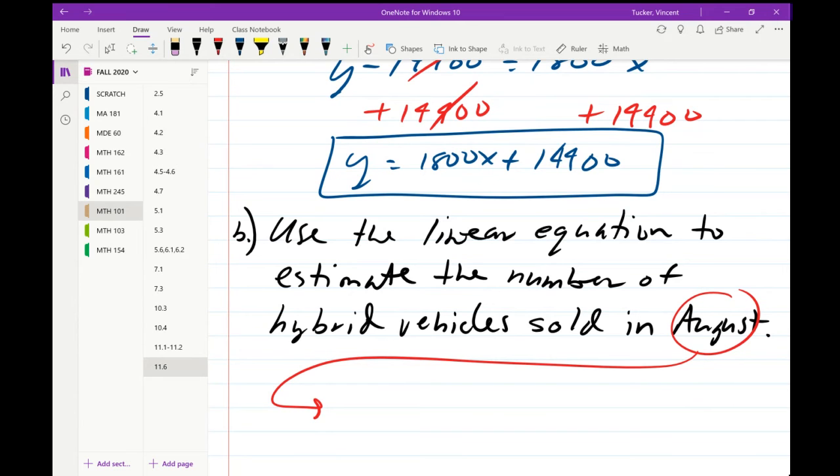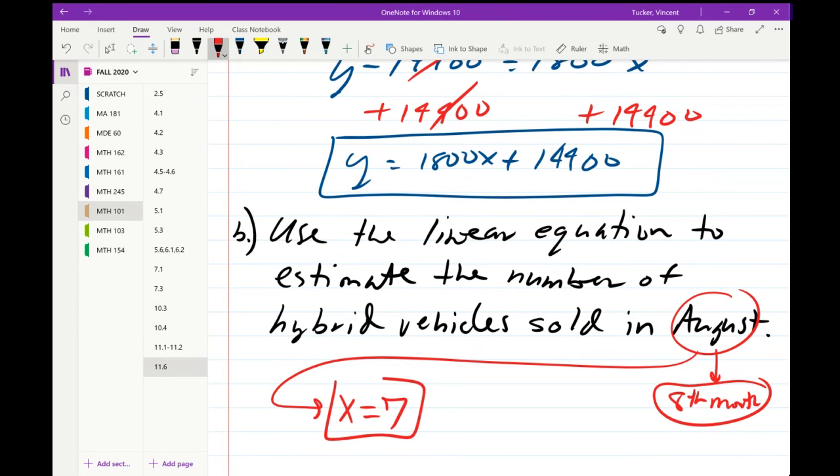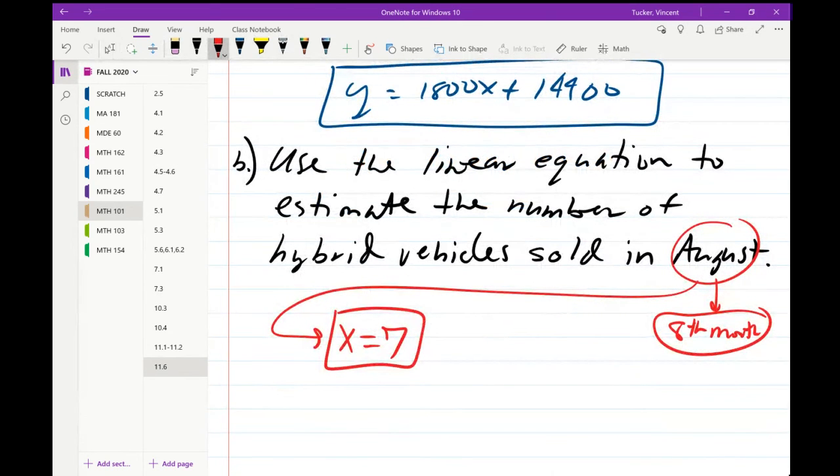So August is the 8th month, but remember the way it's set up. January is month 0, or X would be 0, and then February was the first month, and so on. So that means August is going to be month 7 according to the chart. So the way you have it set up is one less than what it would normally be. January is 0, February is 1, March is 2, and so on. So X is going to be 7 for us.